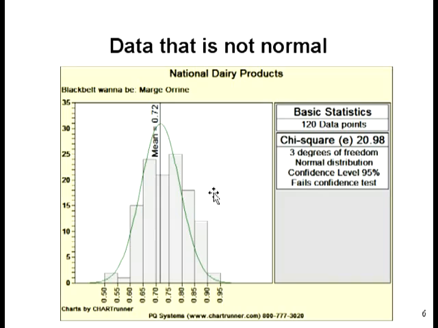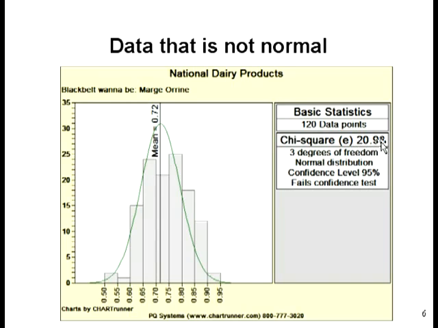The reality is, what Chart Runner shows is that this particular data set has a chi-square value of 20.98, a lot more than the first case. It goes out and clearly tells you normal distribution fails the confidence test. Again, it happens to be at 95%.